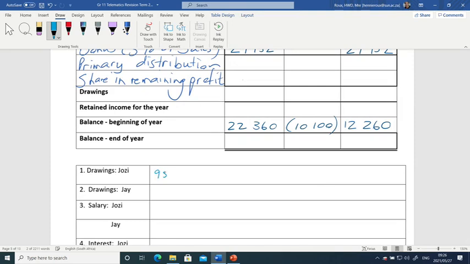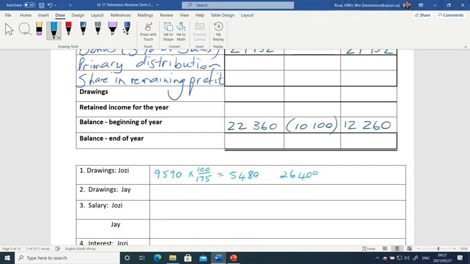Selling price of what Josie took, 9,590. Cost price, 100 on 175, because the markup is 175. We want to know the cost price, the 100. They gave us the 175. So the cost price was 5,480. So now Josie already had drawings of 26,409.